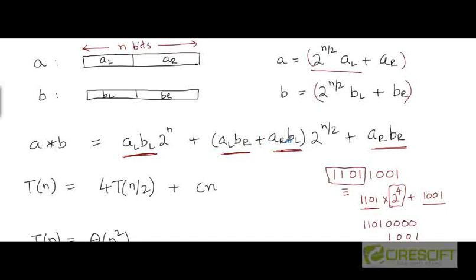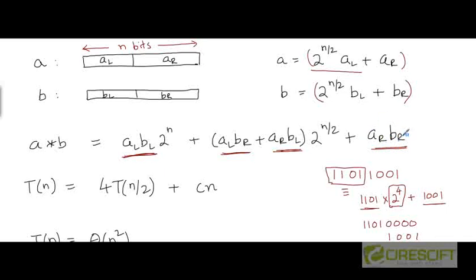Computing the sum of these two numbers, each of which is say about n bits long, because you're multiplying an n by 2 bit number with an n by 2 bit number, so the result would be approximately n bits long. So the amount of time to add two n bit numbers would also be proportional to n. And then shifting the result to the left by n by 2 bits would take time proportional to n, because you would just need to add n by 2 zeros to the right.